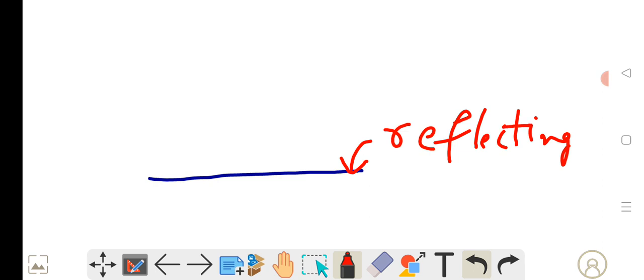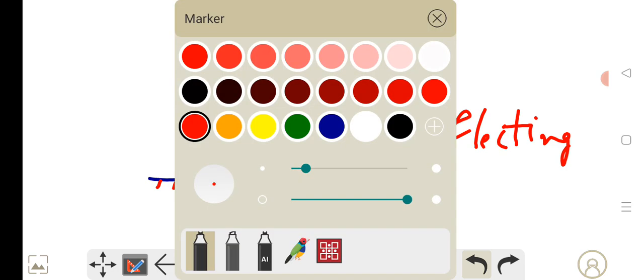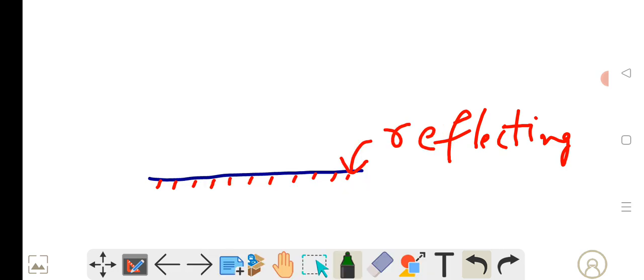And below this you have to draw like this. So this surface we call silvered. What do we call this? This is silvered. Then take one beam of light.